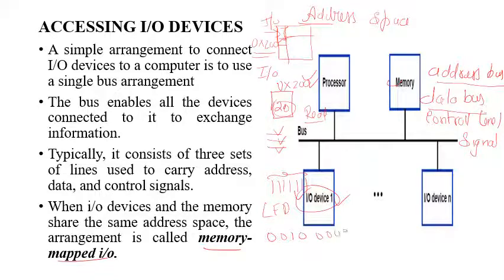This means that only the pin connected to that particular LED will glow, and the rest of them will be in the off state. That indicates the content that is present in the memory. This is how memory mapped input output works.